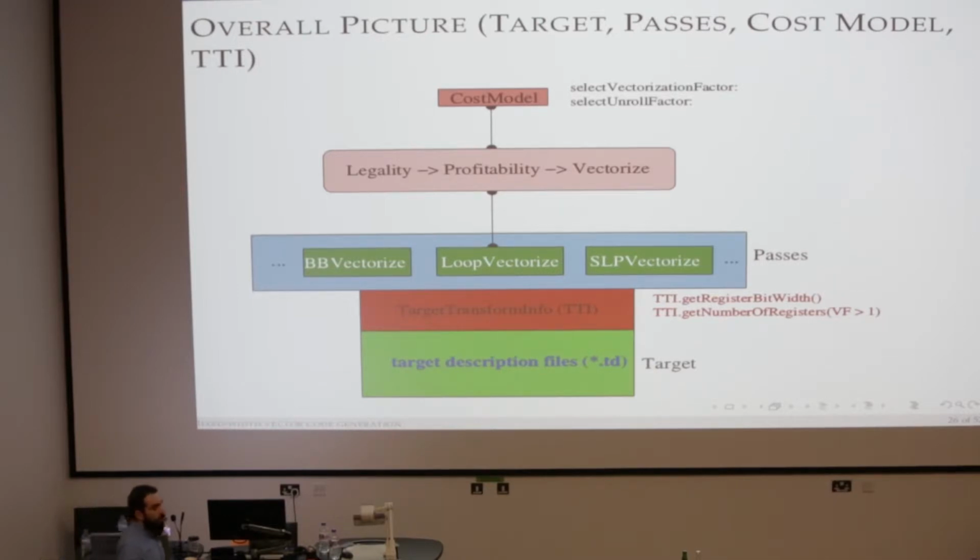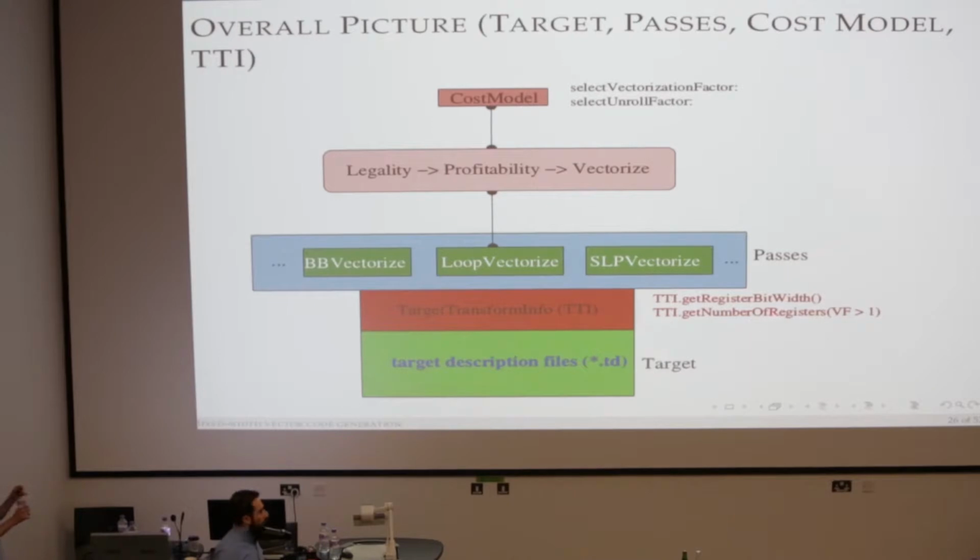One of them is the vectorization factor, where you select the optimum vectorization factor, and the second one is the unroll factor, because we are targeting a VLIW architecture and we would like to utilize all the issue slots. When we decide this in the cost model, we use data from the target through an API which interfaces the target with the rest of the flow, which is TargetTransformInfo. For selecting the vectorization factor, we use get register bit width with get number of registers.